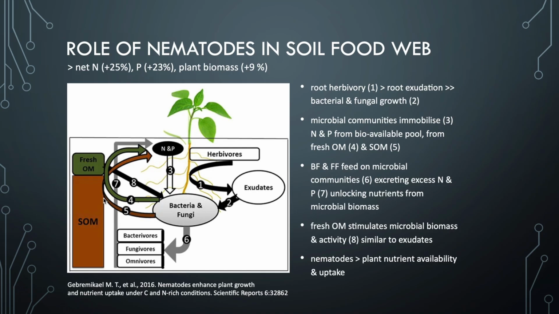And of course, the soil organic matter as well is being continually munched on by bacteria and fungi and further transformed. And so in totality, nematodes increase plant nutrient availability and uptake and therefore increase plant biomass. So these are the roles and the functions of the various feeding groups of nematodes in the soil food web and in the soil ecosystem.